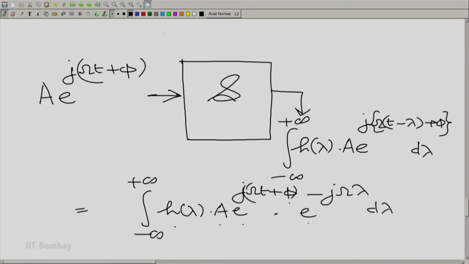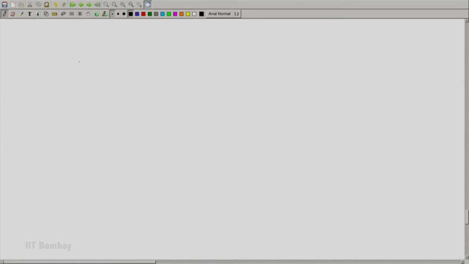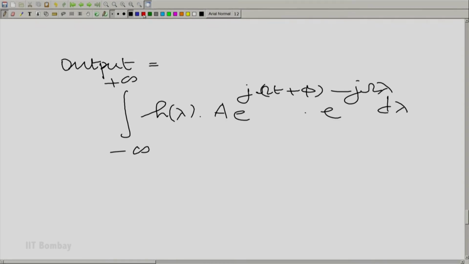In fact, you see, this is essentially a consequence of the fact that we have a change of phase here. Essentially, this is a change of phase, and the change of phase or a time shift is reflected as a multiplying constant, and therefore, the output becomes the integral from minus infinity to plus infinity times the original waveform.